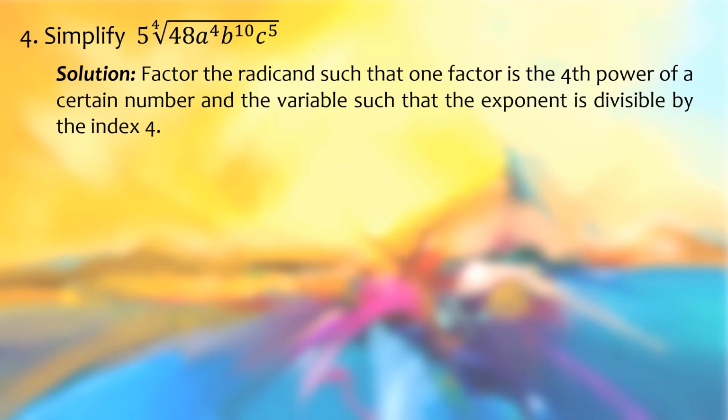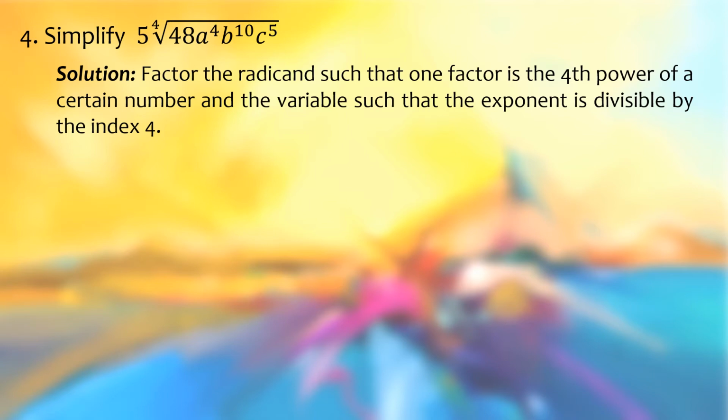Fourth example, simplify 5 times the fourth root of 48, a to the 4th, b to the 10th, and c to the 5th power. So, for the solution, factor the radicand such that one factor is the 4th power of a certain number, and the variable such that the exponent is divisible by the index 4.